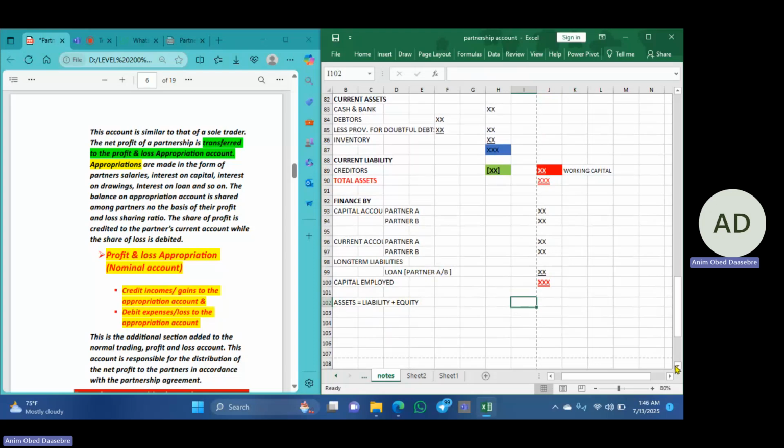Once I'm done, I'll also do a recording on all the four areas, solving a question on them, so that you also appreciate the concept very well. Right. So until then, we'll meet another time in my next upload or session of the next topic, which is manufacturing accounts and departmental accounts.